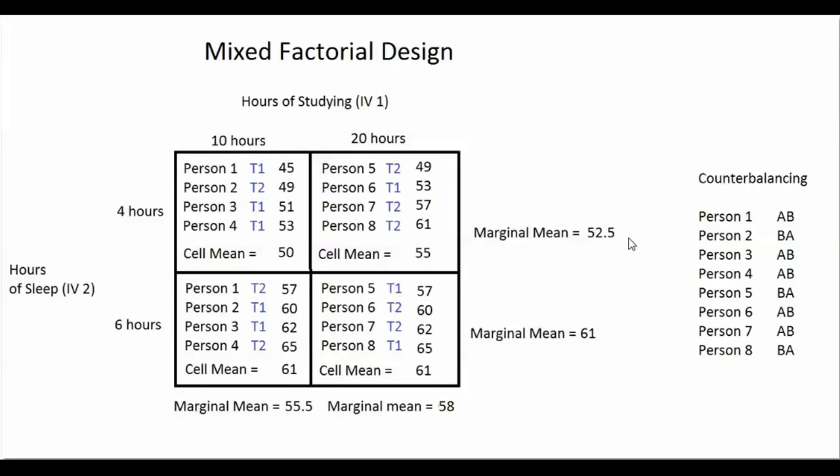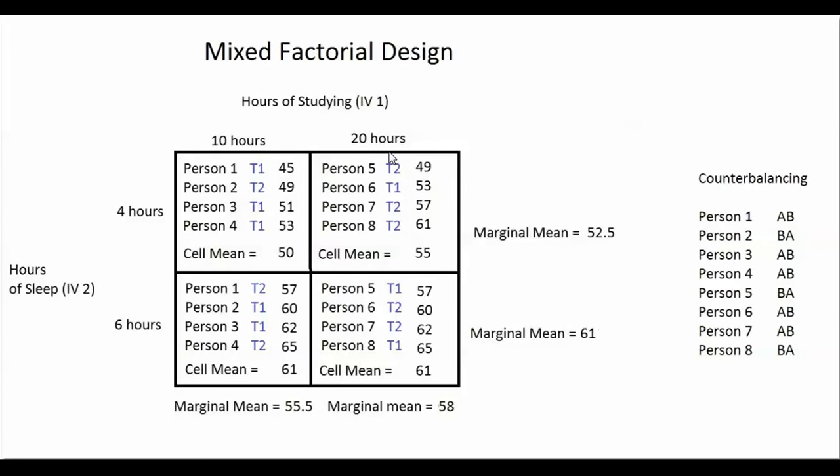A mixed factorial design doesn't require as many participants as a between subjects factorial design because in a mixed factorial design, you're assigning one group to one column and another group to another column, or you're assigning one group to one row and another group to a different row. So instead of needing 4 groups of people, you would only need 2 groups of people to do a 2 by 2 factorial design.